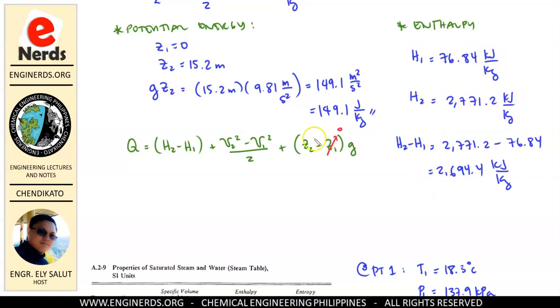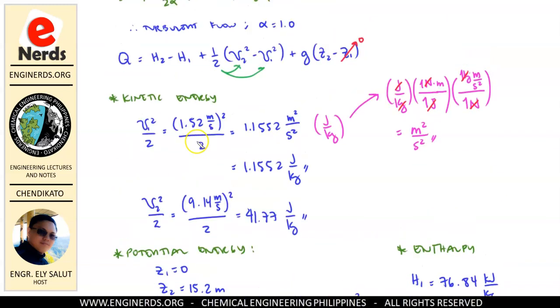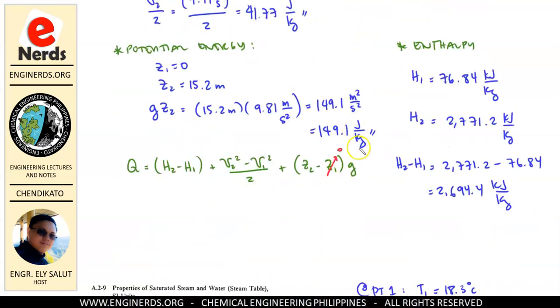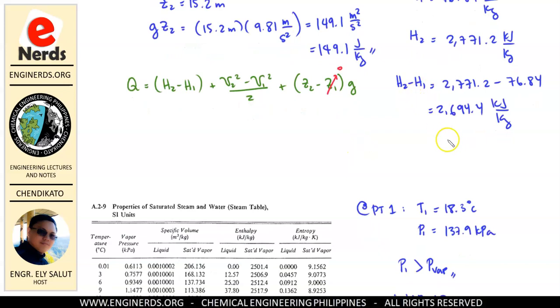But as you can see, lahat ng na-compute natin in kinetic energy, potential energy is all in joules per kilogram. So let us convert this to joules per kilogram. So we're going to multiply this to 1 kilojoule. Okay, I'm sorry, we're going to 1 kilojoule or 1000 joule. Okay, so this is equal to, okay, so we will have a large number here.